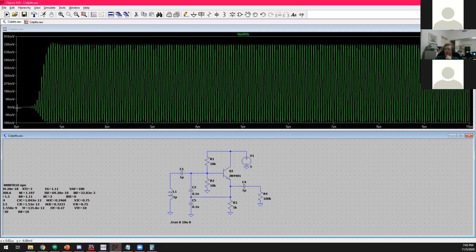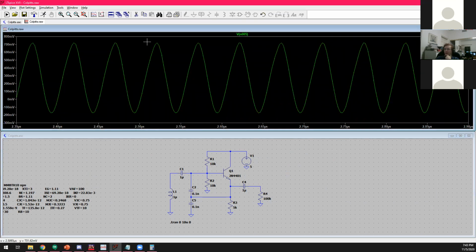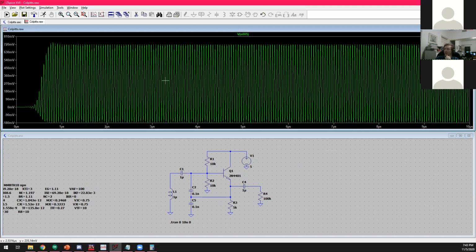We start at 0 volts on the output, and the oscillation just builds up until it reaches some level, and it stays there. And if we zoom in a little, it looks roughly sinusoidal. It's not a perfect sinusoid, but it works. That's good. What's interesting is you can notice there's some overshoot when the amplitude increases and then it settles down.